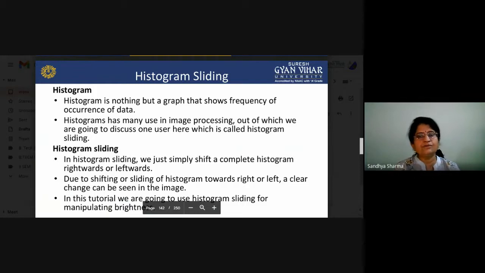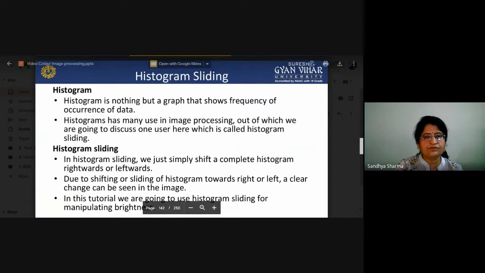Histogram has many uses in image processing, out of which we are going to discuss one use, called histogram sliding. In histogram sliding, we simply shift a complete histogram rightwards or leftwards.